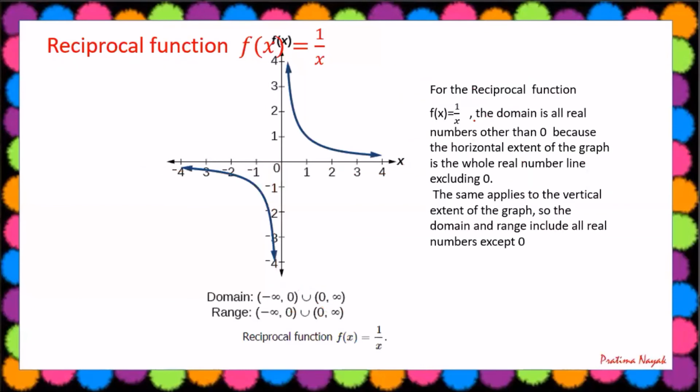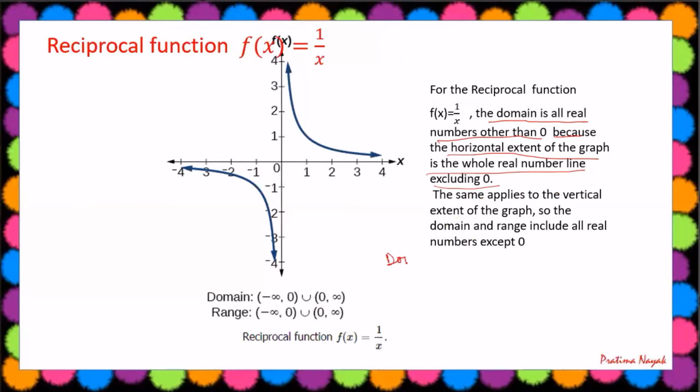So for the reciprocal function, let us summarize again. The domain is all real numbers other than 0 because the horizontal extent of the graph is the whole real number line excluding 0. The same applies to the vertical extent of the graph. The domain and range both include all the real numbers except 0.